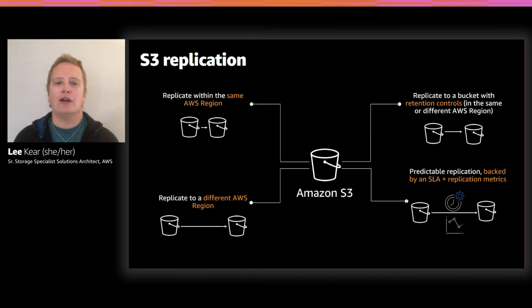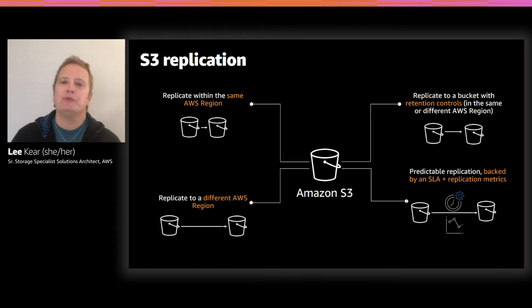S3 replication is an automatic and asynchronous process that makes identical copies of your data, retaining all the metadata on the source object, including the create date and time, the version IDs, and the tags. So S3 same region replication, or SRR, is an S3 feature that automatically replicates data between buckets within the same region.